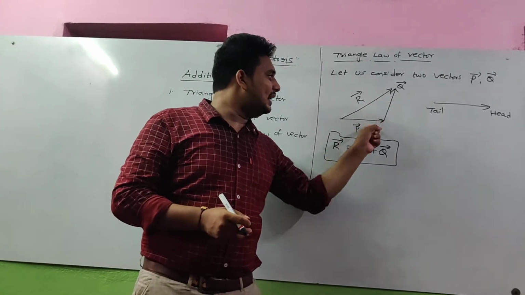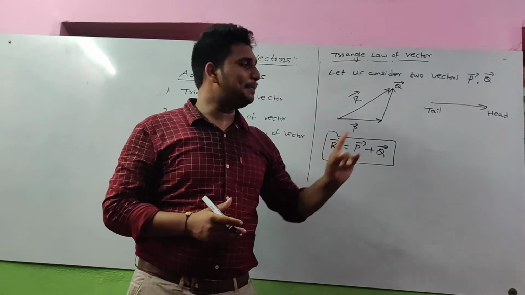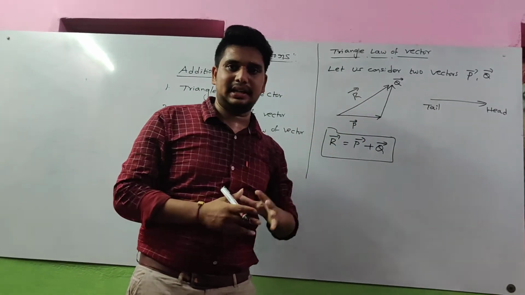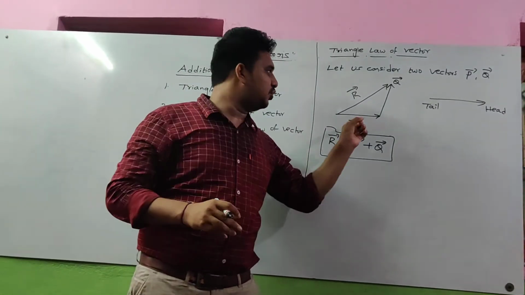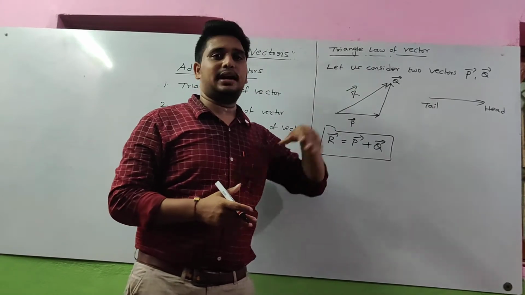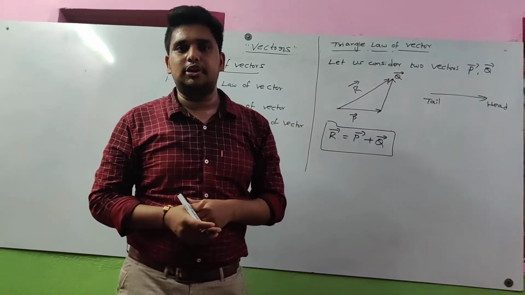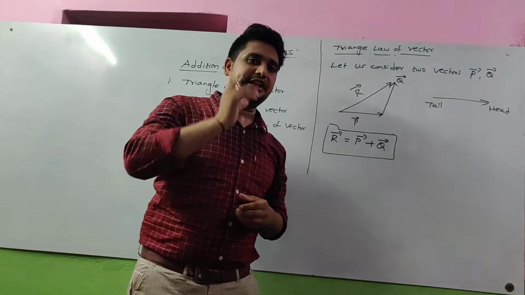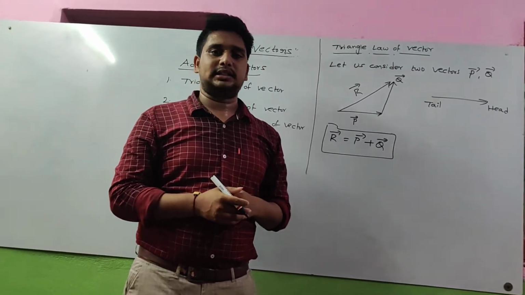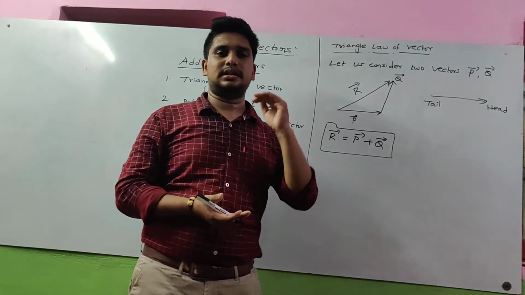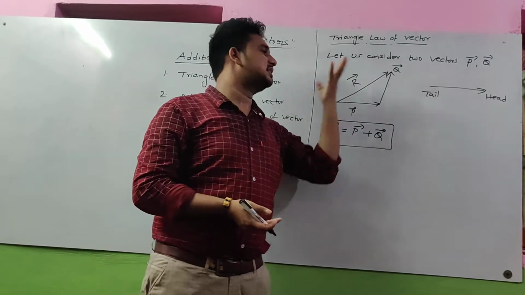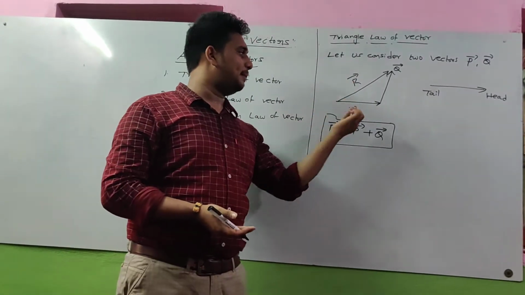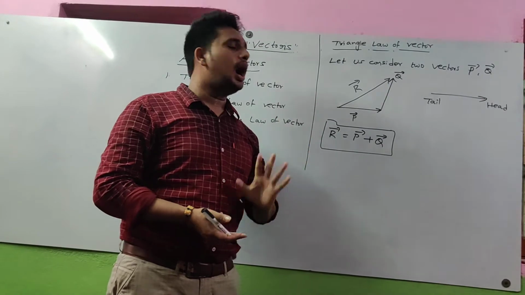Then the resultant of these two vectors represents the third side of the triangle. Then this law is said to be the triangular law of addition or triangular law of vector. So from this diagram, P bar plus Q bar is equal to R bar.